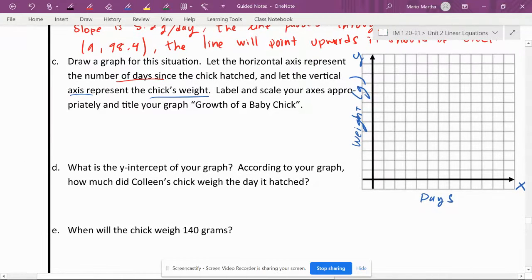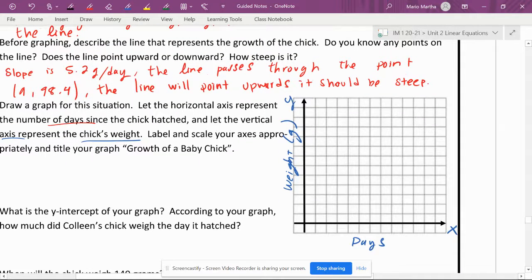Then label, scale your axes, and title the graph: growth of a baby chick. So we want to put up here somewhere: growth of a baby chick.